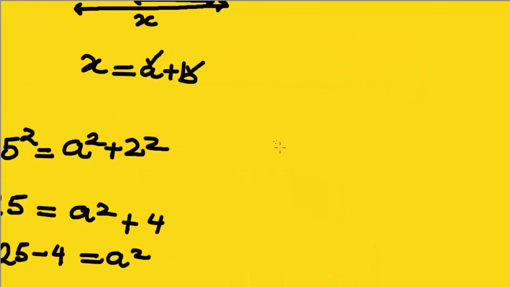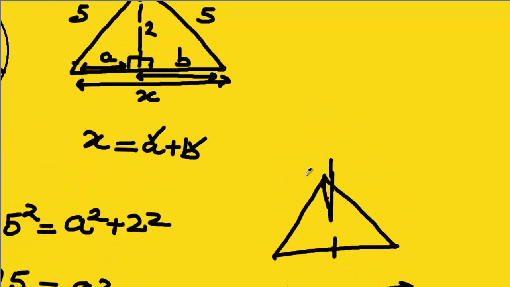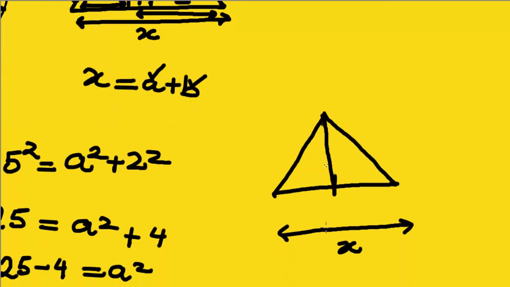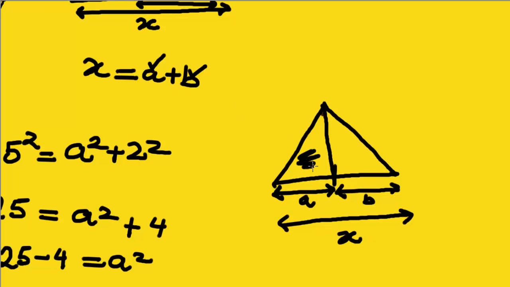So just to clarify what I did with the triangle I extracted from the circle, I called this whole base X, and then I divided it into the 2 bits, and basically said, let this bit be A, and let this bit be B, so that A plus B will be X. And I worked on this triangle first.